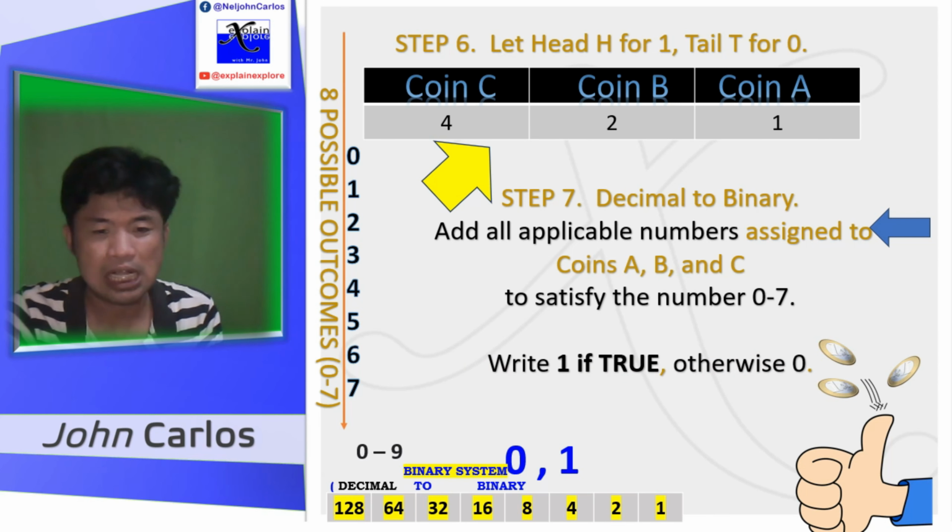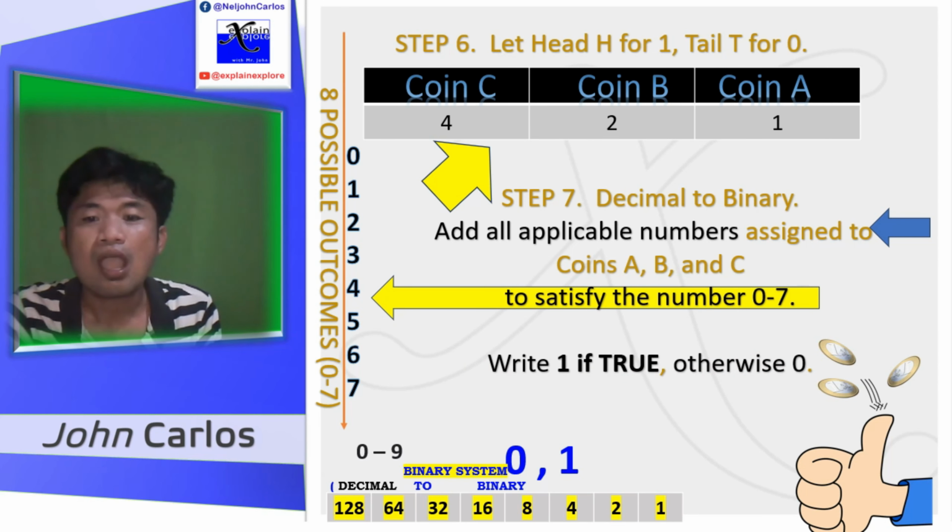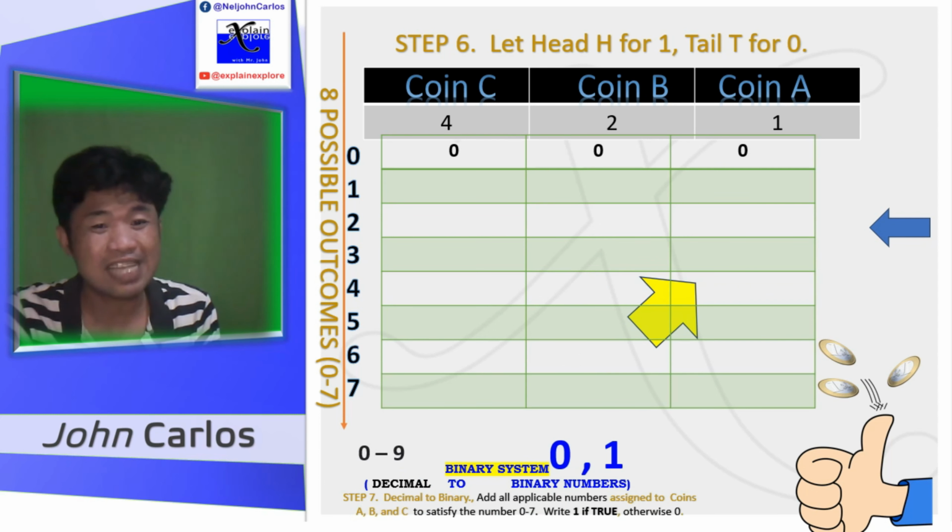For example, to make it easy, we have 0. We cannot add 1, 2, and 4 for the 0, right? So this is false, and we put 0, 0, 0. Take note, T is for 0. Next, you have 1.